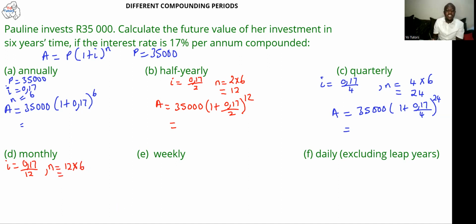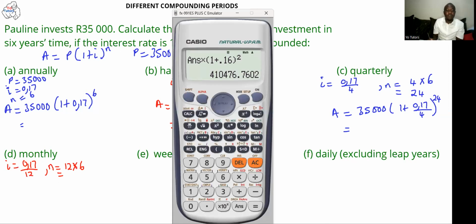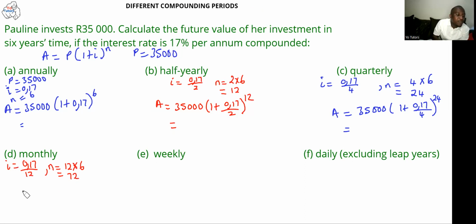So 12 times 6, we get 72. So when you're calculating the amount, A is going to be equal to 35,000, 1 plus 0.17 over 12 to the power of 72.